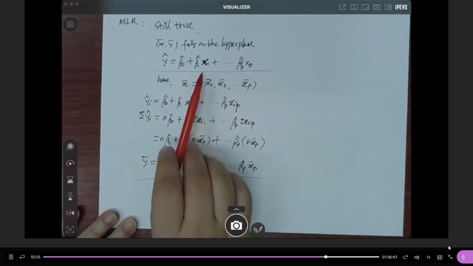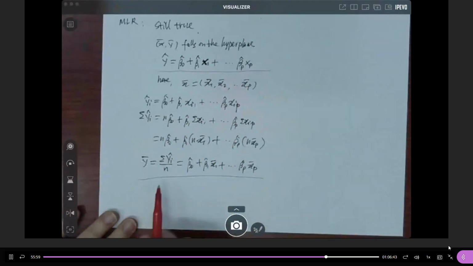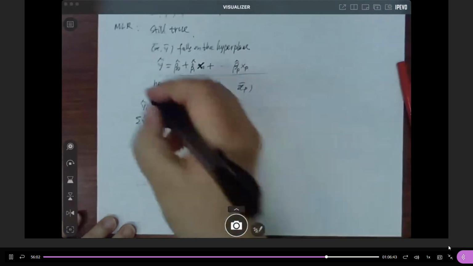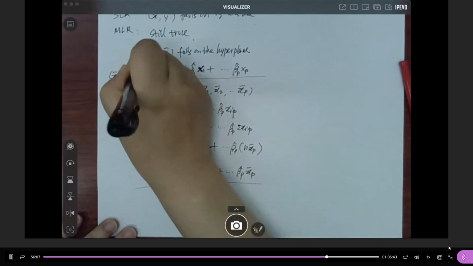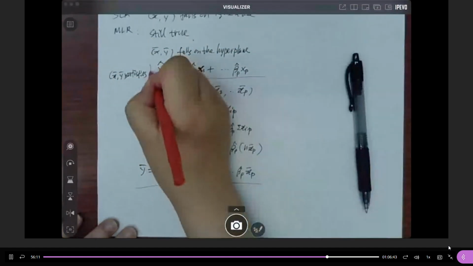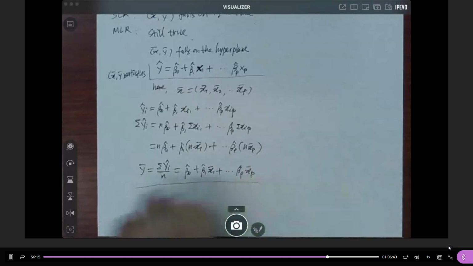Plug in x1 bar, xp bar for all the variable names x1 to xp. You find out x bar, y bar satisfies this equation, which I highlighted here. Then it's proved x bar, y bar is still on the hyperplane, all right?